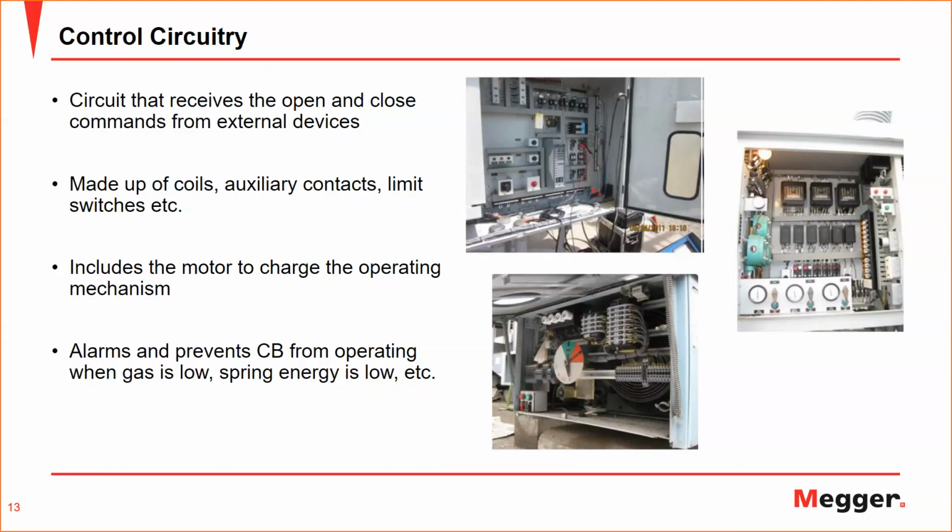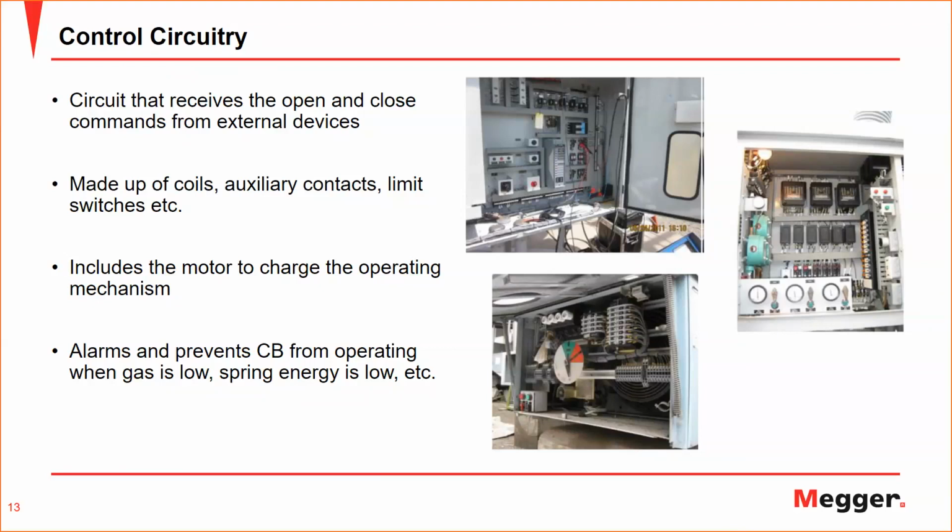Part of this control circuitry could be the circuit to, for example, control a charging motor to charge the spring mechanism, or some other types of mechanisms, where this motor is controlled automatically by the control circuitry.